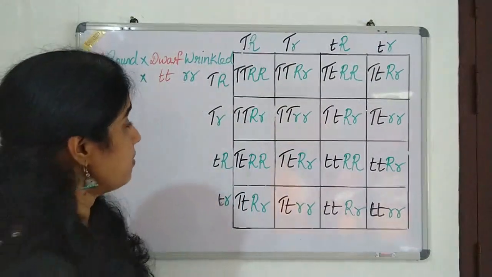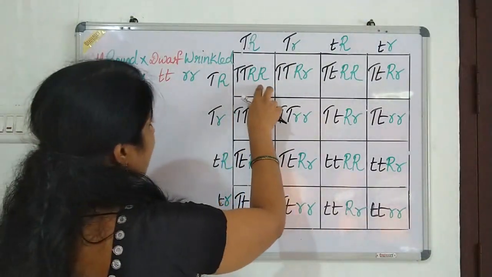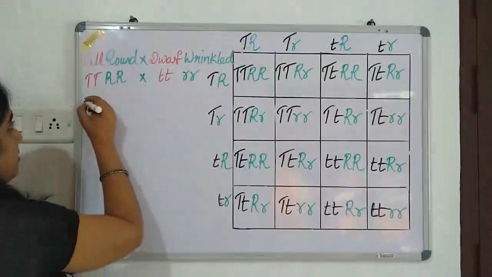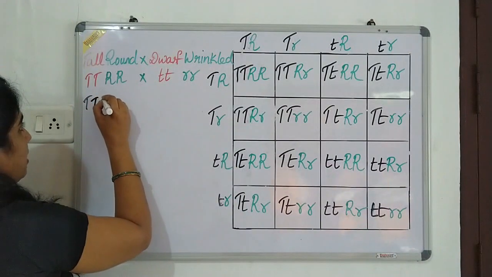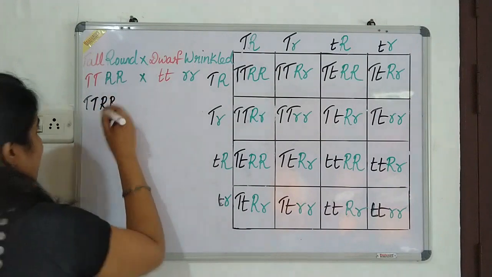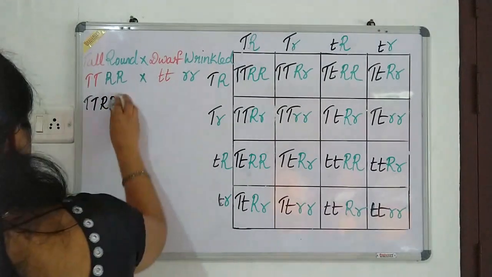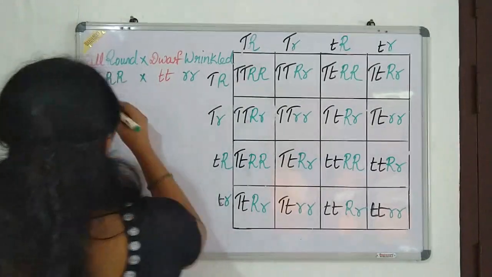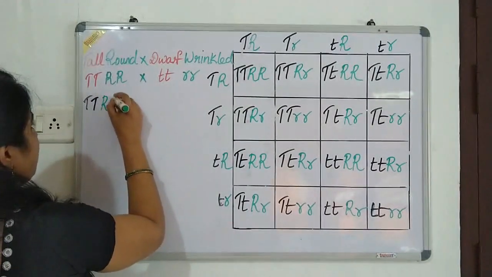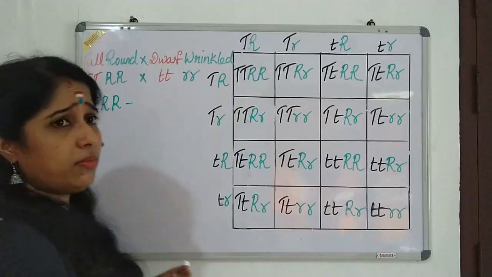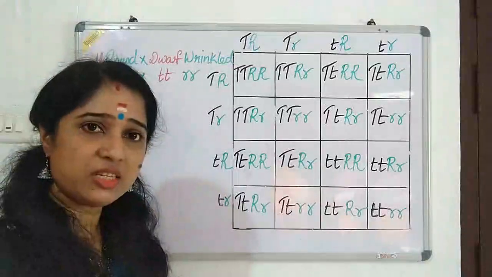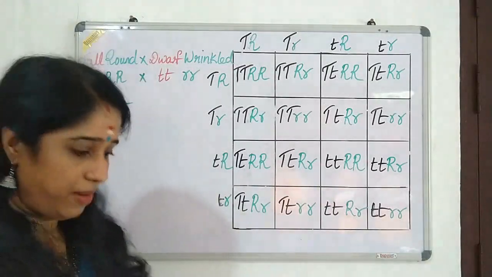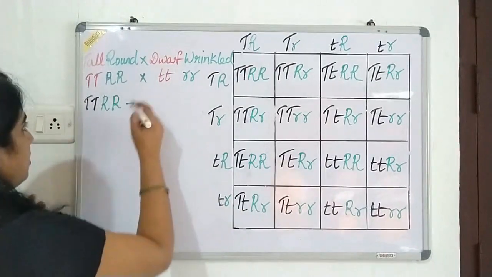Then now we just observe this TTRR. Capital T, capital R, capital R. What about the expression of the character of this plant? Tall plant bearing what?